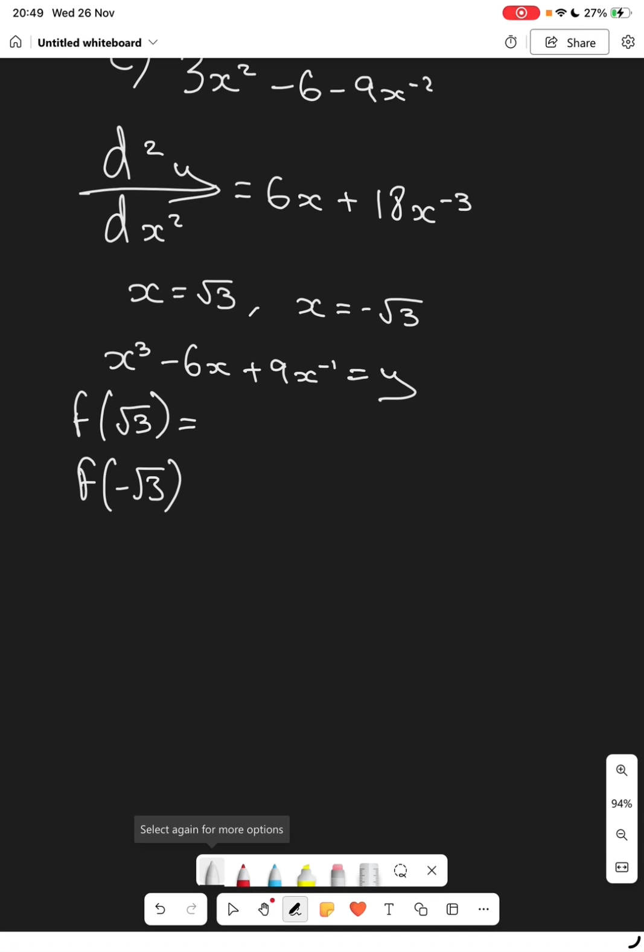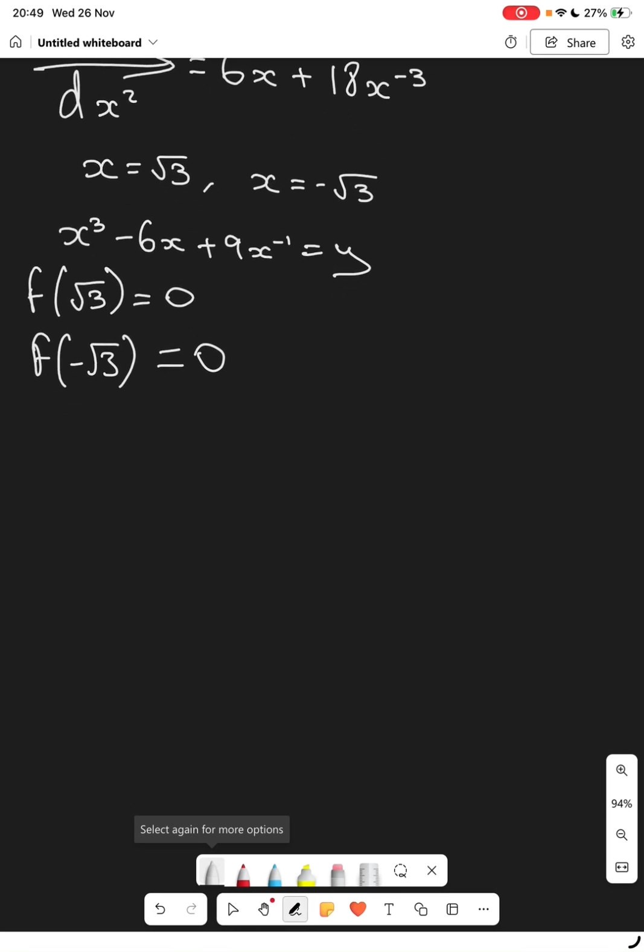This would equal 0, and this would equal 0. So we got the coordinates, but we do not know if it's minimum or maximum.